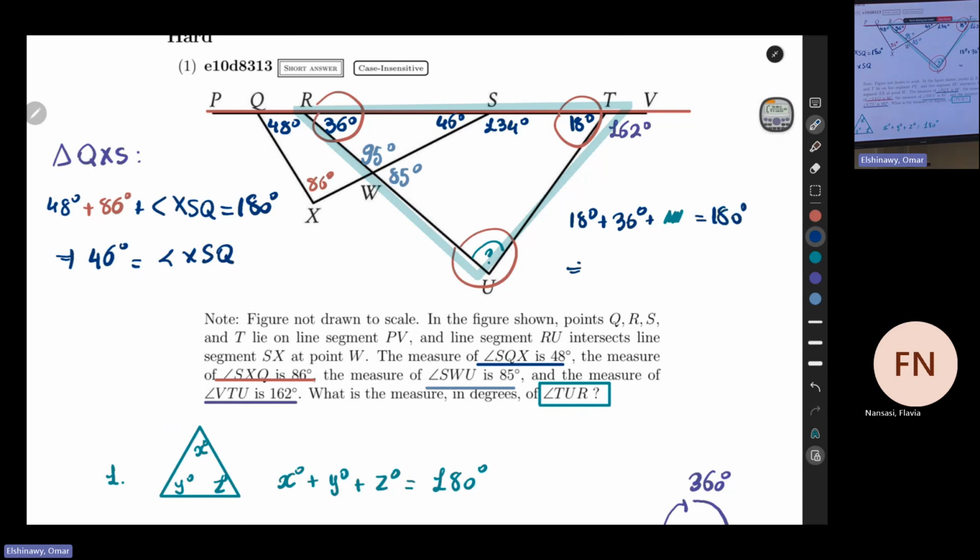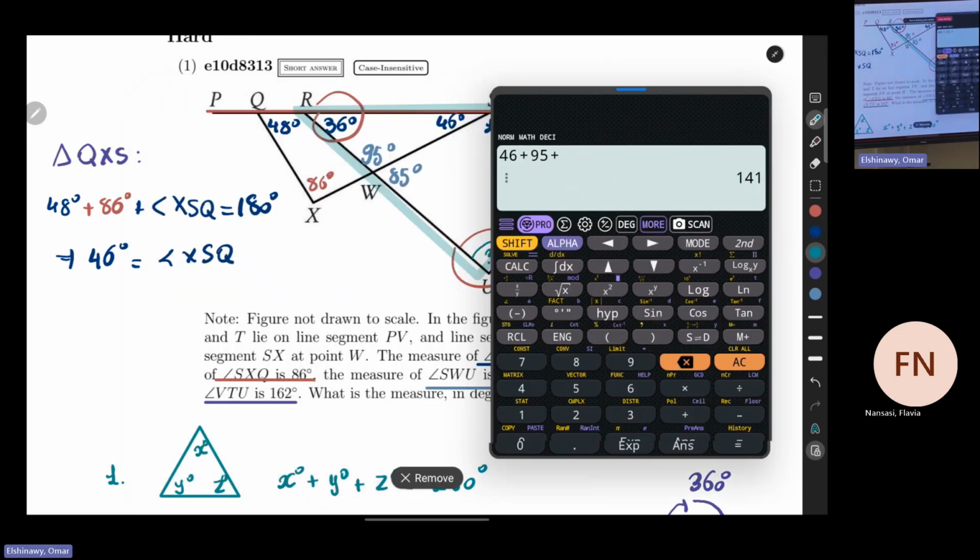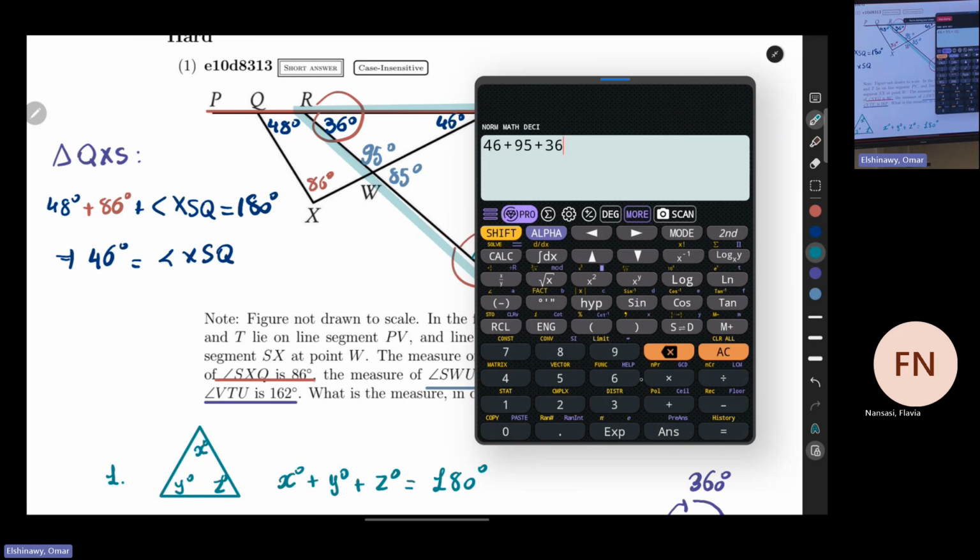And from there, there's an issue. 36 with 46 is okay, let's see. So it's 46 plus 95, that's 95 plus... I think it's gonna be 30.